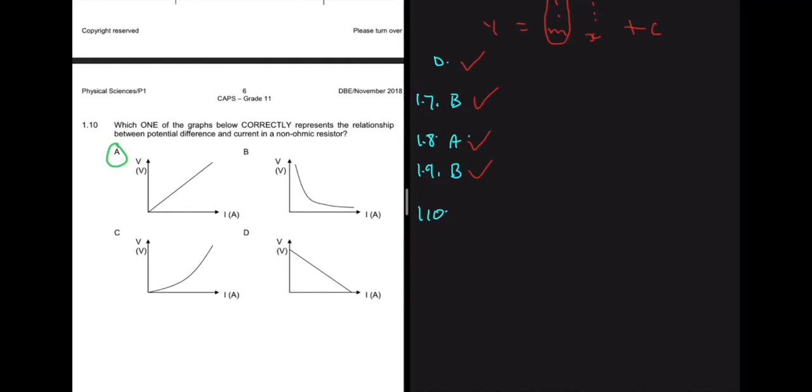C, it looks like an ohmic resistor, but then you can see that instead of being a straight line, it's sort of exponential, right? And that's exactly what the graph of a non-ohmic resistor looks like. So our answer here for 1.10 is going to be C.